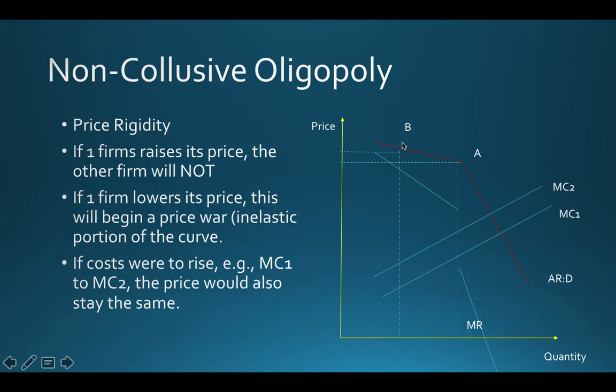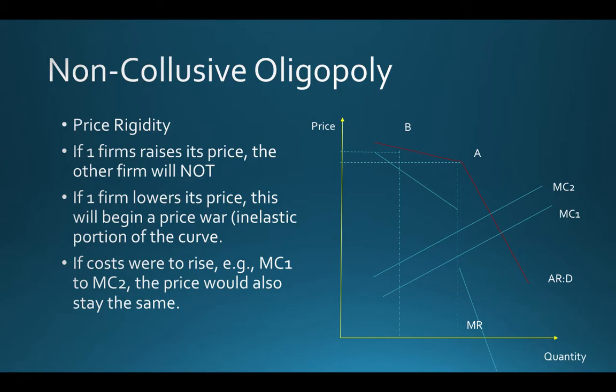So we don't want to raise our price because we would be on the elastic portion of the curve, and a small change of price would be a big drop in quantity. We also don't want to drop our price, because on the inelastic portion of the curve, if you lower your price on something that's inelastic, the price will change a lot, but the quantity won't change much. So basically what happens is if we drop our price, then our competitors drop their price, and it triggers what's called a price war.